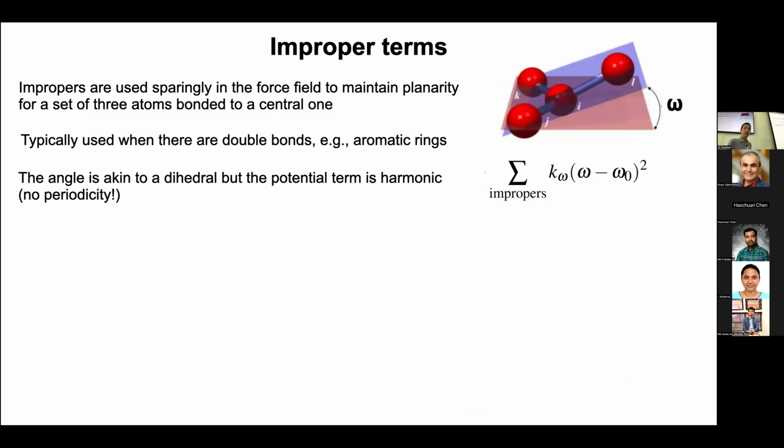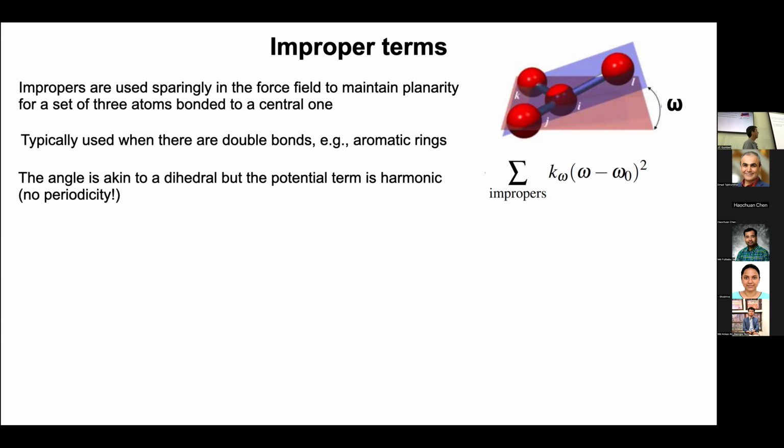Okay, so we've made a couple of allusions already to improper terms. I did not include this in the original potential function I showed you because they're not always used. Impropers are used sparingly, in very specific cases where you know that a certain group of 4 atoms should be planar.